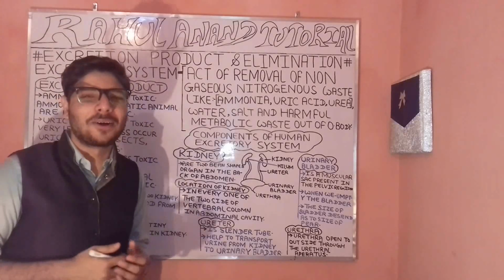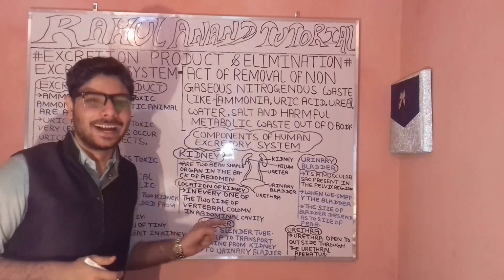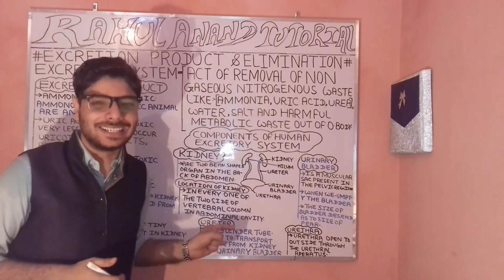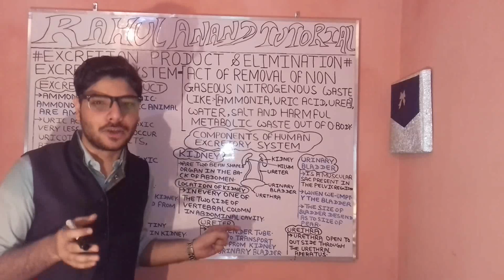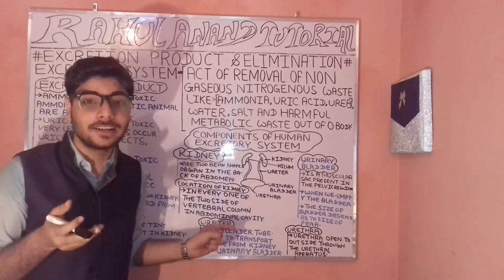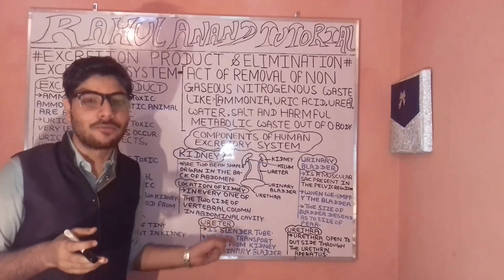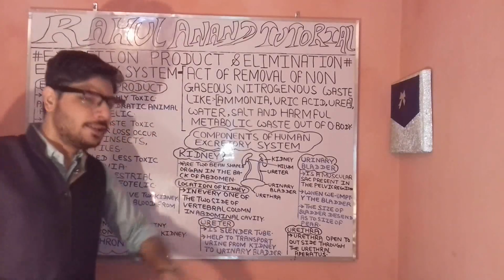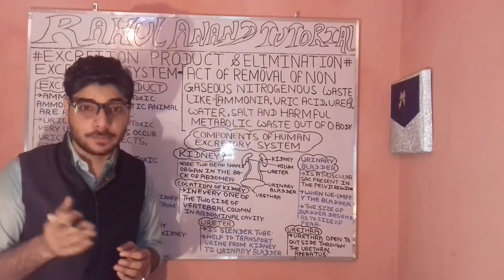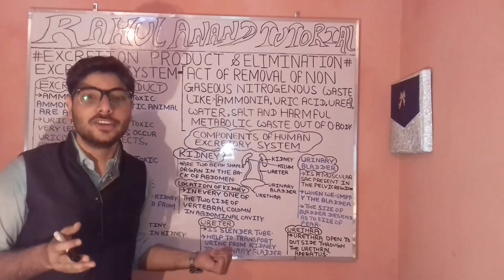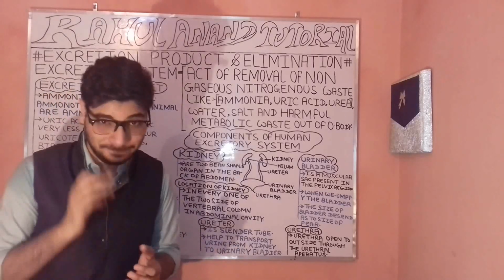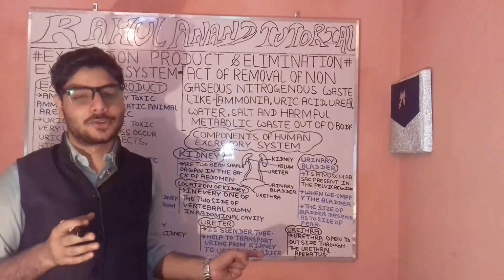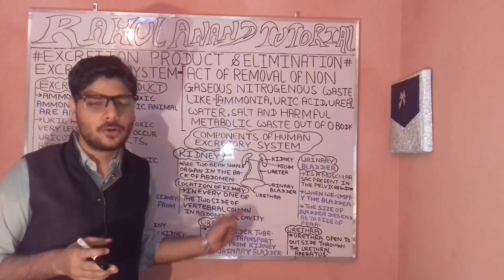Now let's understand the location of the kidney. Where will it be present? It will be present on both sides of your vertebral column, in the descending portion of your abdominal cavity. When we talk about the vertebral column, you have to understand that we have the spinal cord, and these are of course known as the vertebral column.